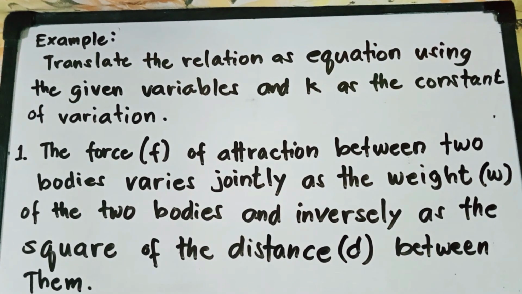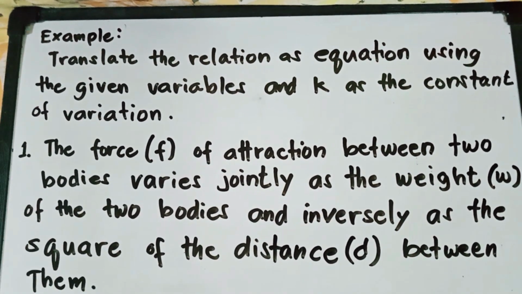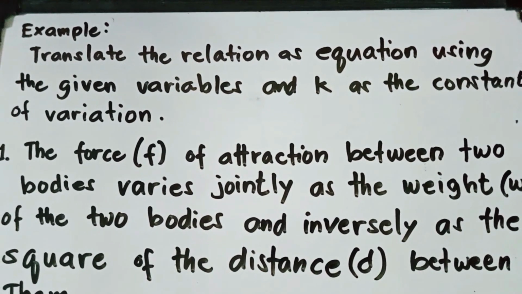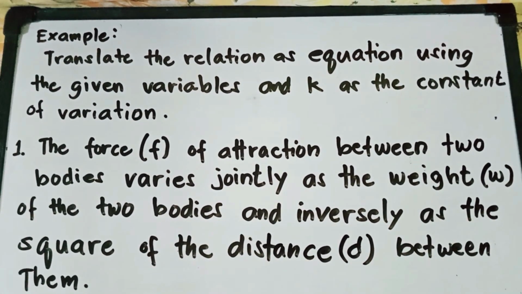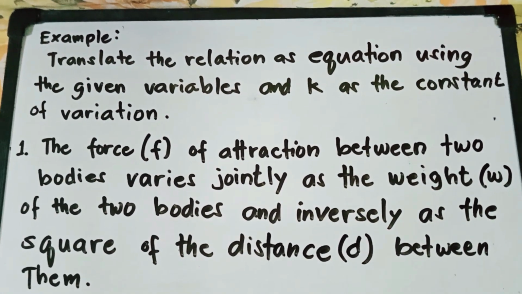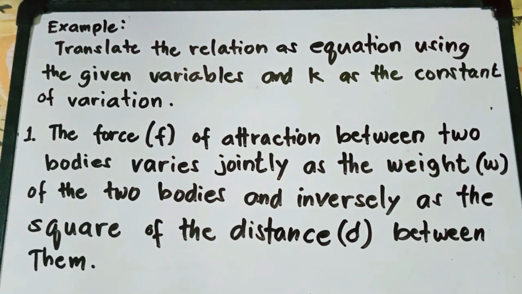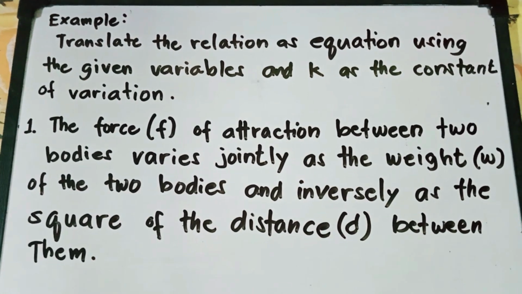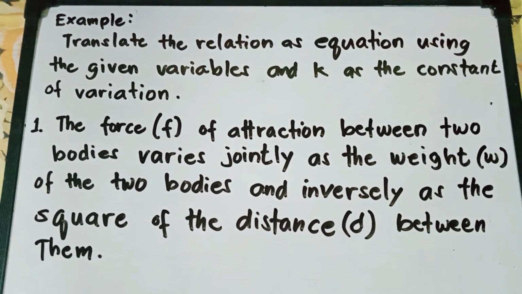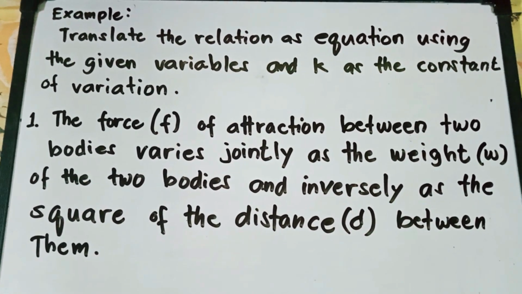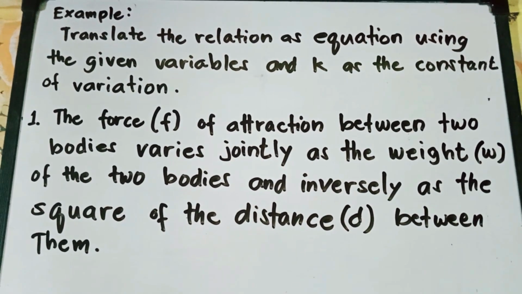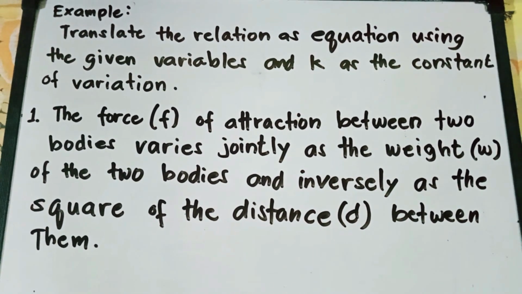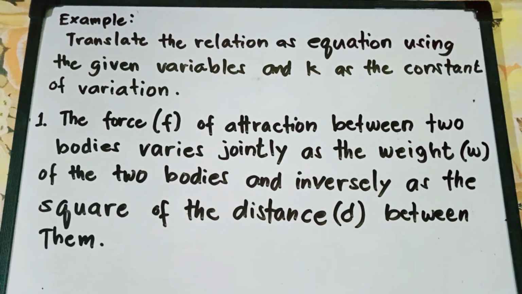Example: translate the relation as an equation using the given variable and k as the constant of variation. Number 1, the force F of attraction between two bodies varies jointly as the weight W of the two bodies and inversely as the square of the distance t between them. First, we're going to write the equation of variation.